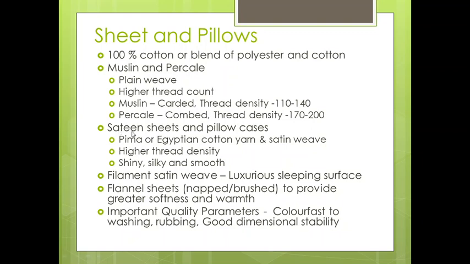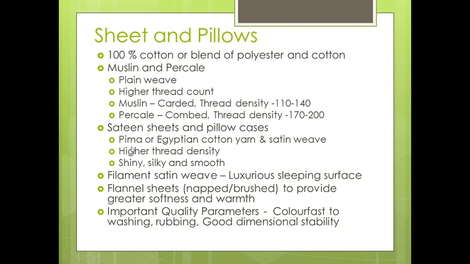Another category used for sheets and pillowcases is satin and high quality Pima or Egyptian cotton. This Pima or Egyptian is a very fine long staple fiber quality in cotton, and the yarn made from this cotton is used with satin weave.